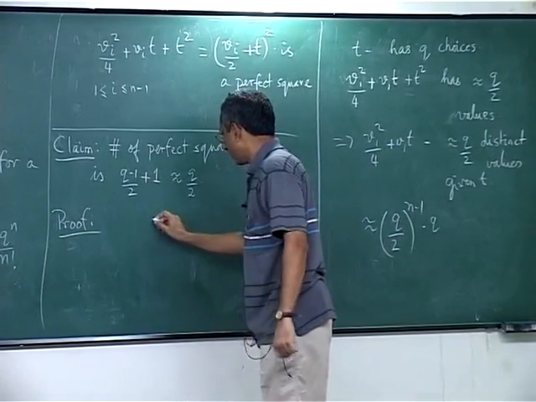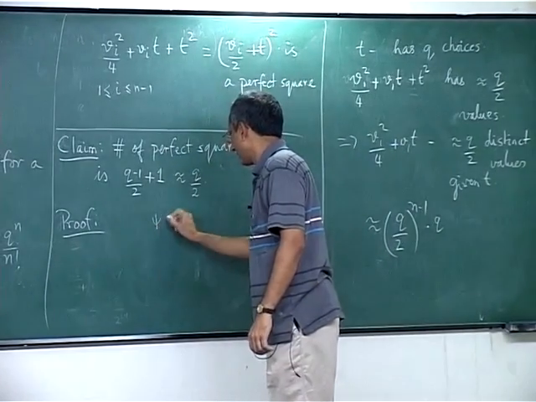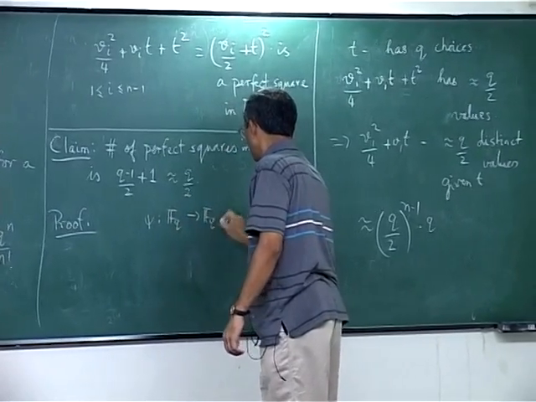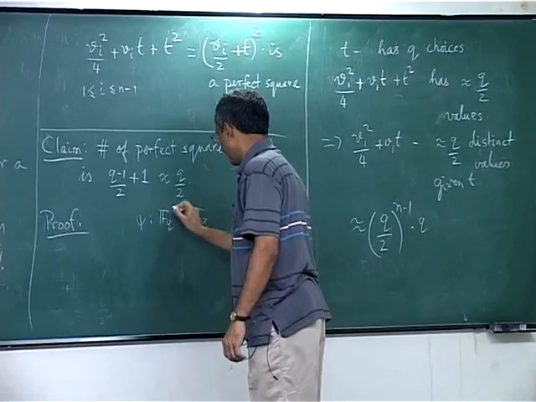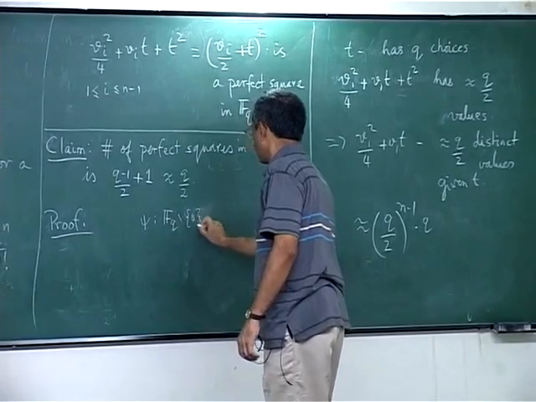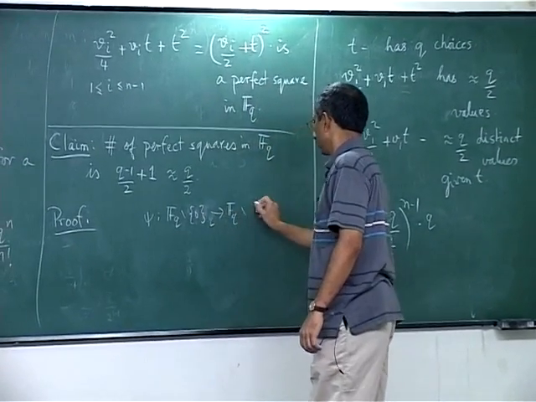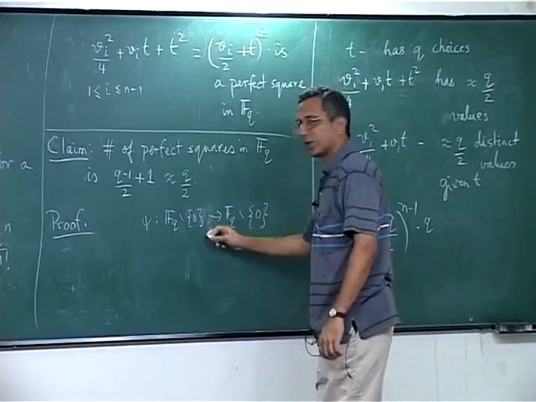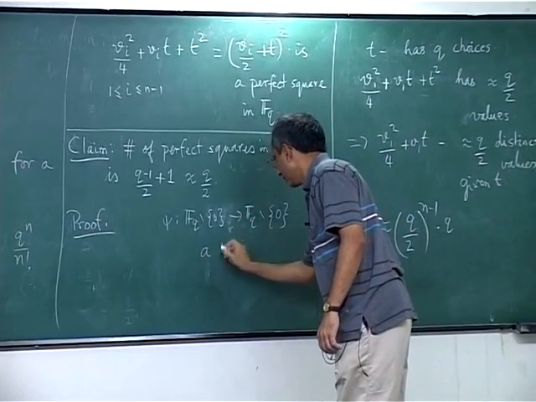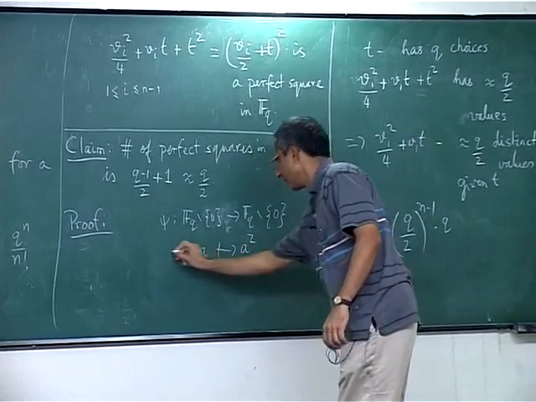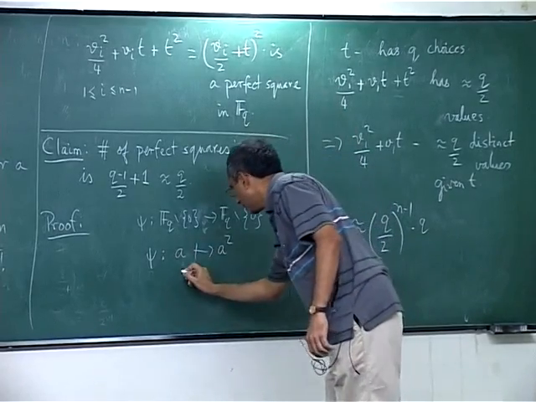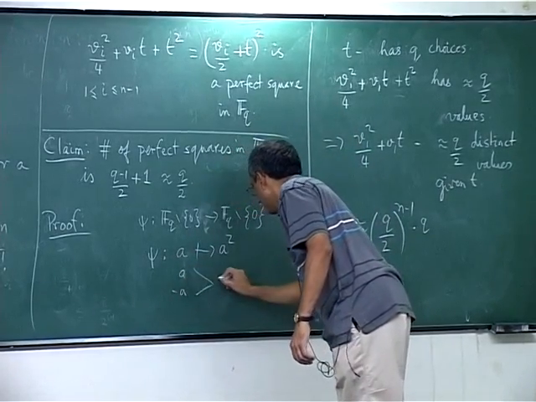So what you are saying is, look at the map from Fq minus 0 to Fq minus 0, that is Fq star to Fq star, which sends the element A to A square. So psi maps A to A square. What you are saying is both A and minus A map to A square.